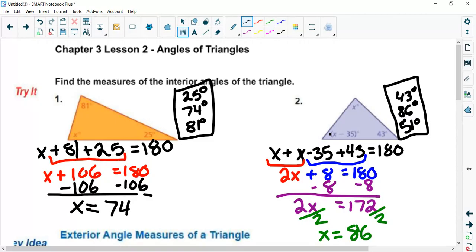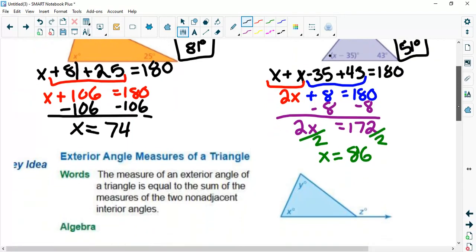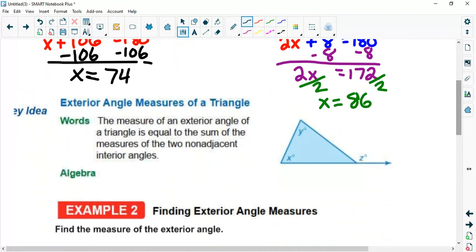Let's talk about now the idea of exterior angles of triangles. Exterior angles of a triangle are created when you extend out the sides of a triangle.